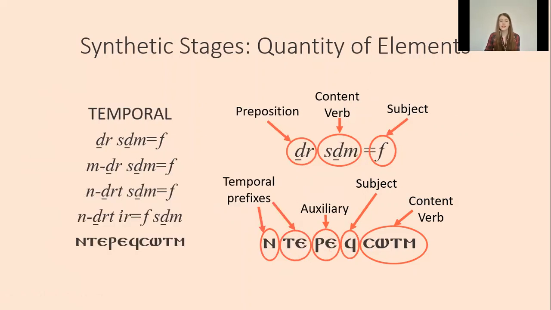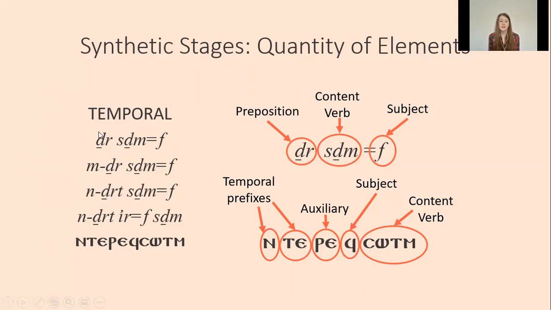We can also see this in the development of the temporal construction. This construction has gained 2 extra elements in its latest synthetic form in comparison to its earlier one, one of which came from the addition of the verb ir as an auxiliary, which then became re in Coptic. And the temporal gained its other new element through the addition of the preposition creating the compound preposition jer to help express the temporal meaning, rather than just having the simple preposition jer.